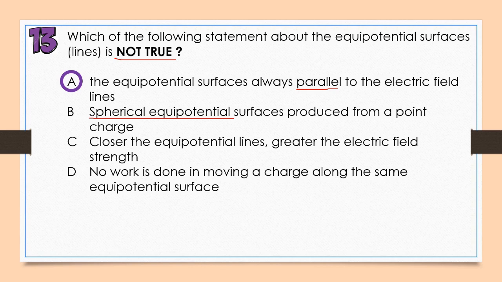And choice D, no work is done in moving a charge along the same equipotential surface. Is it correct? Yes, because at the same equipotential surface, we have the same potential at each point on it. So when we calculate the work done, W is equal to Q delta V, so delta V is equal to 0. Okay, that's why the answer is A.